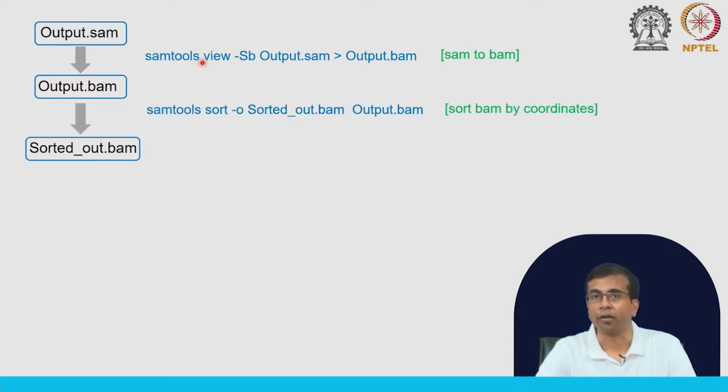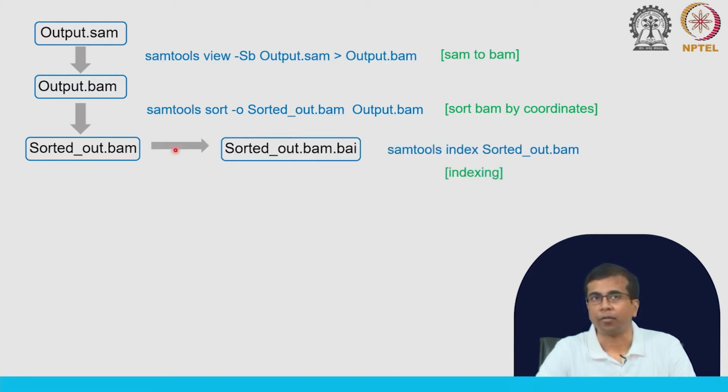Then we did the sorting using this command, samtools sort. Again you have the options, and the output file name and input file name you have to specify. This will sort by coordinates, which is the default sorting, so it will sort by coordinates or positions of the mappings, and this will give you this sorted_out.bam.